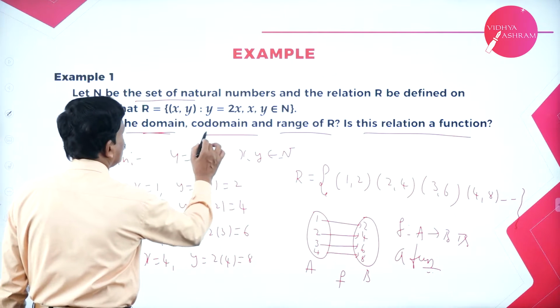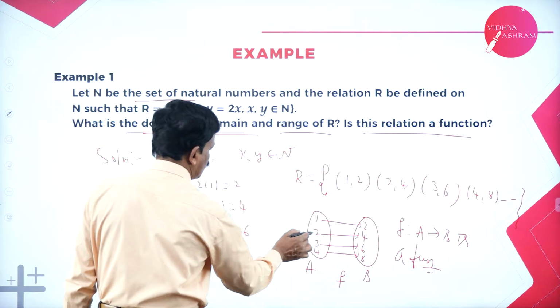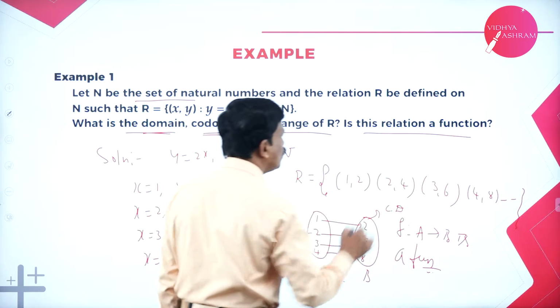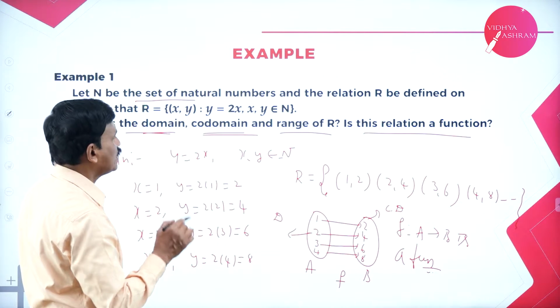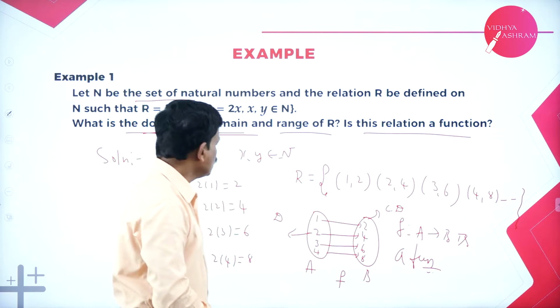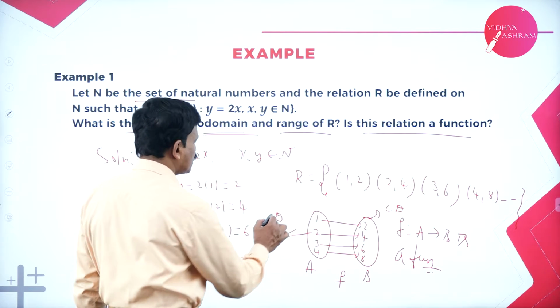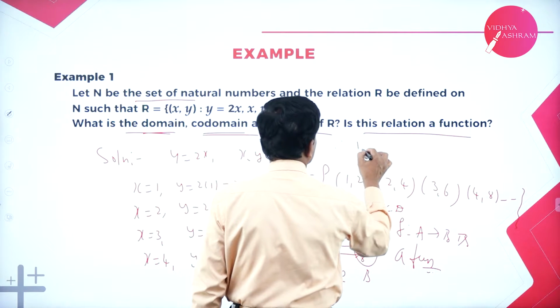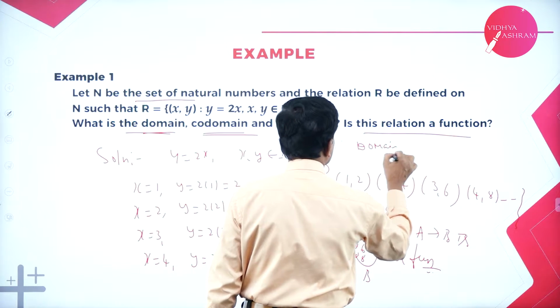Now, what is to write? The domain and the codomain. So this is nothing but the domain and this is nothing but the codomain. Okay. Now, and the range. First, how to write the domain for this? Here, the domain is nothing but the set of natural numbers. So therefore, I will write the domain of the given function.